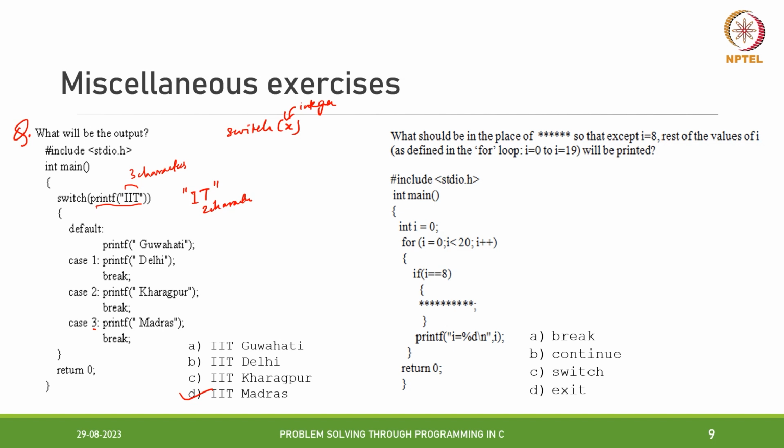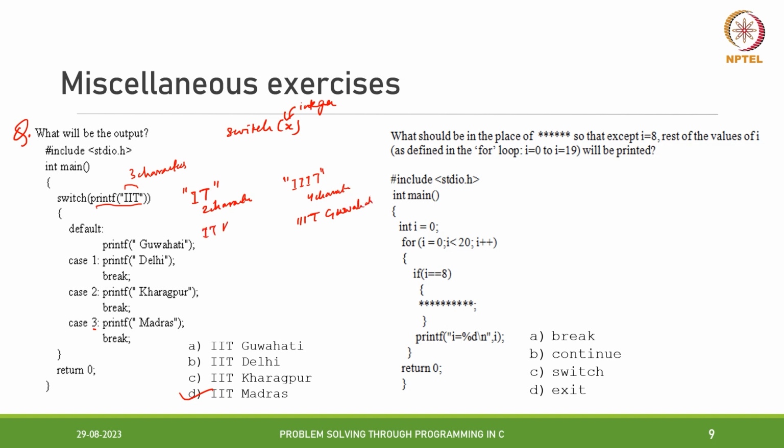Now similarly, sir, instead of IIT, if there were a triple IT, then what? Yeah, if it had been triple IT, then you have 4 characters, so the default case, triple IT Guwahati, will be printed.